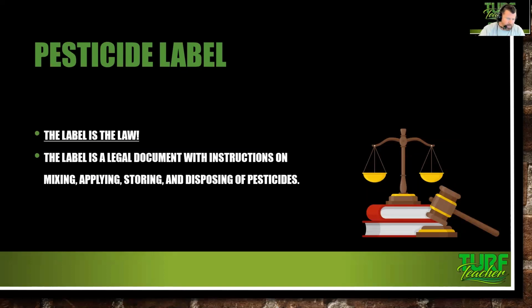We're not using that same chemical every February and every March. So we need to brush up on our labels, and we need to have our employees read the labels if they are the ones actually spraying the lawns out there. It is the legal document with instructions on mixing, applying, storing, and disposing of the pesticides. Label is the law.